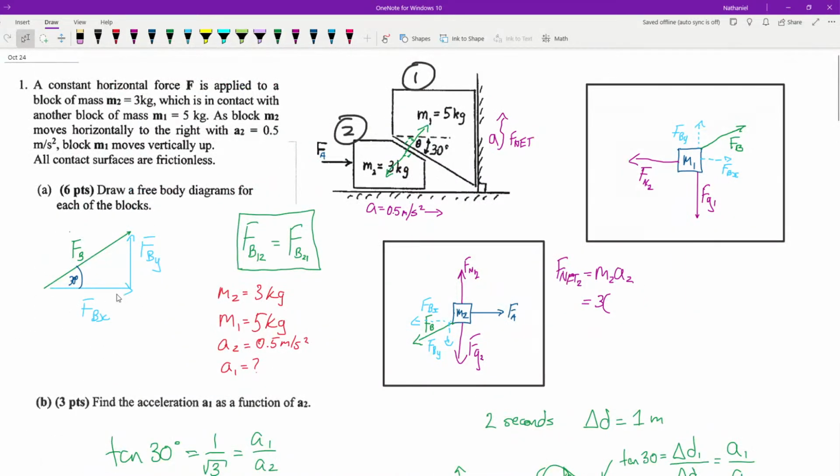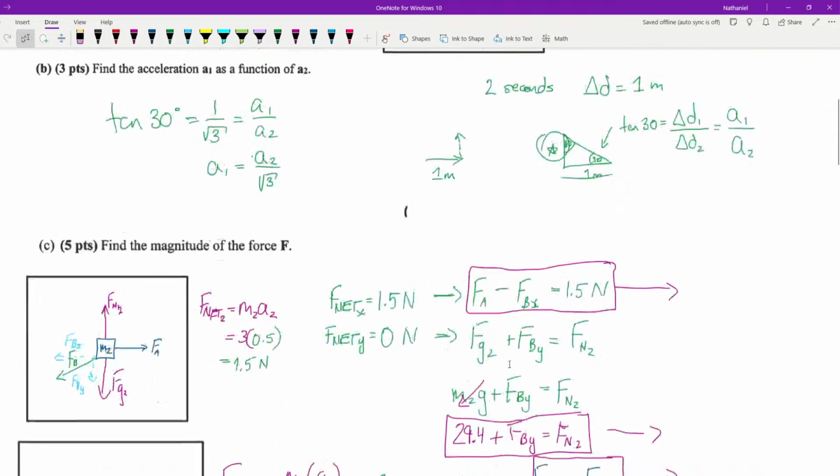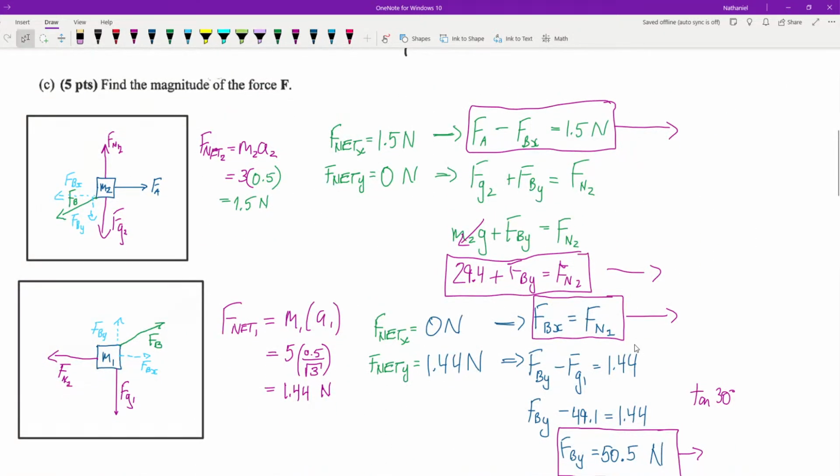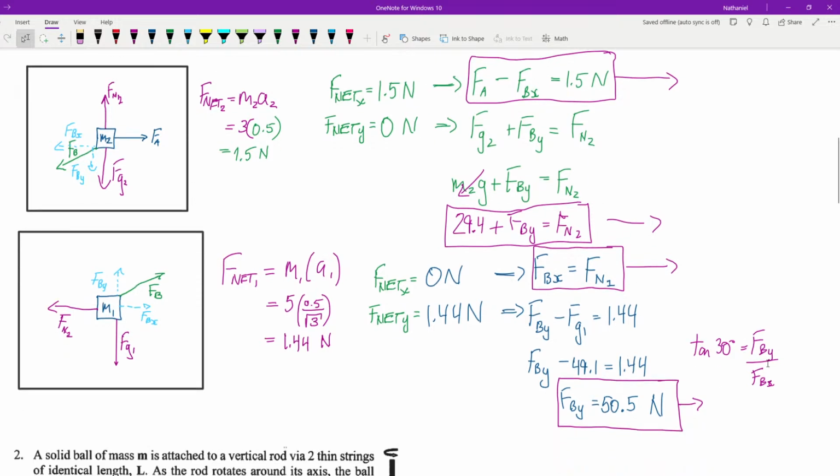So tan, because it's opposite and adjacent, but who's opposite, who's adjacent? So tan of 30, the opposite is FBY, and it's opposite over adjacent, so it should be y over x. So tan 30 is FBY over FBX, and so we can do some rearranging. FBY, no, we already have FBY, we want FBX. That's equal to FBY over tan 30.